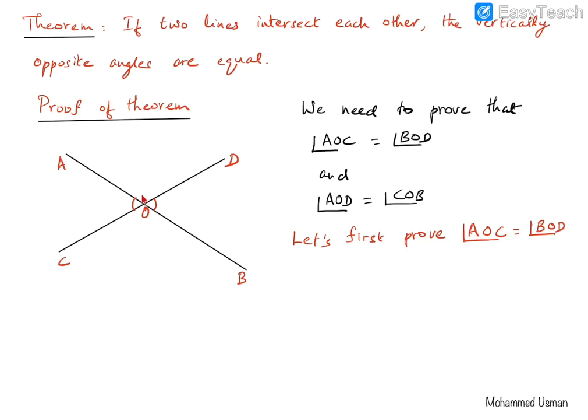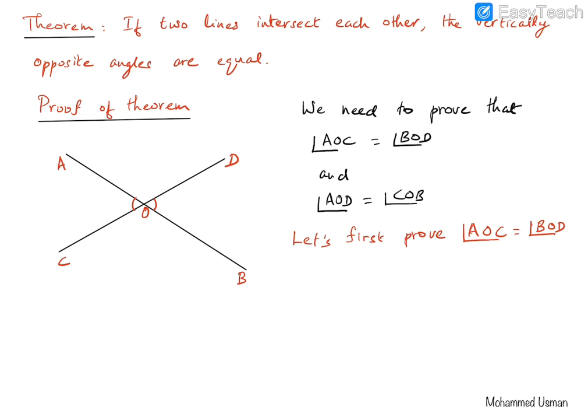That means when this ray is standing on top of the line CD, we have two adjacent angles, which is AOC and AOD. And because this is a ray standing on a straight line, therefore these are a linear pair of angles.